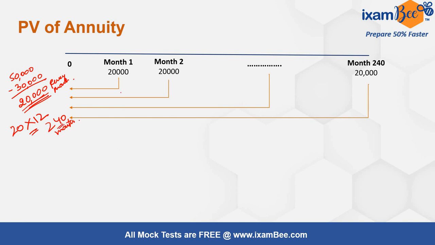And therefore, I see that every month he is earning 20,000, and I have to find the present value today of that 20,000. When I add these up, for the first 20,000 the present value will be divided by 1 plus r to the power of 1. The next 20,000 will be divided by 1 plus r to the power of 2, and so on I will go. The last 20,000 will be divided by 1 plus r to the power of 240. But what is this r?